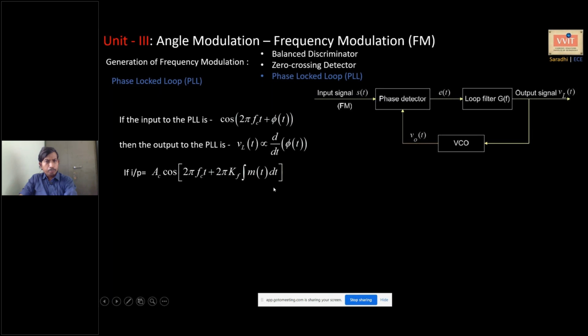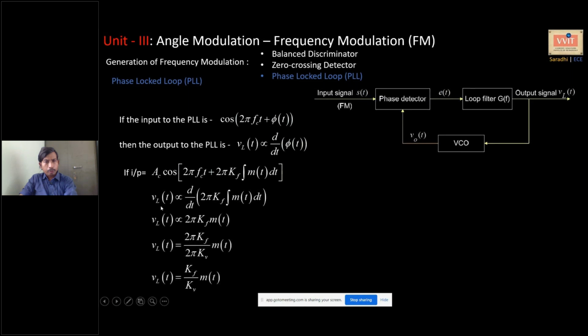Now you have the input, the FM signal, then the output of the PLL is proportional to the differentiation of this term. Do the differentiation and we end up getting this VL of t, the output of the PLL, equal to Kf by Kv into m of t. Kf we know is the frequency sensitivity factor, and Kv is also a frequency sensitivity factor.